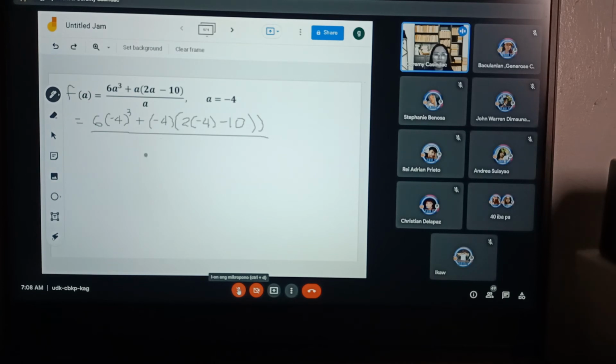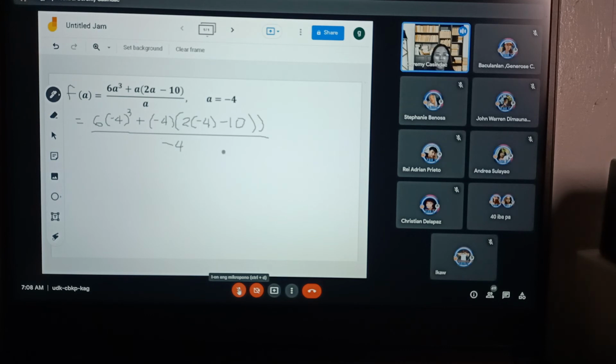Ay, negative 4 pala, sorry. Okay, so again, simplify the given operation first dito sa ating numerator. Una natin i-simplify is yung numerator.